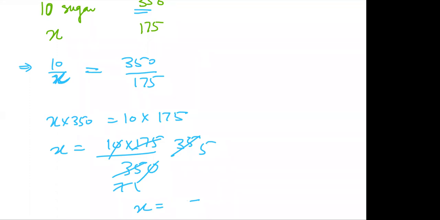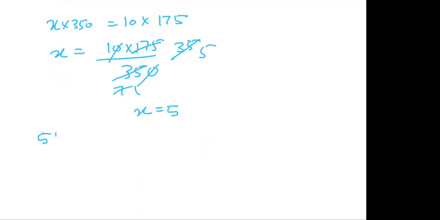So X is equal to 5. So you will write 5 kilogram sugar costs rupees 175. This is the answer.